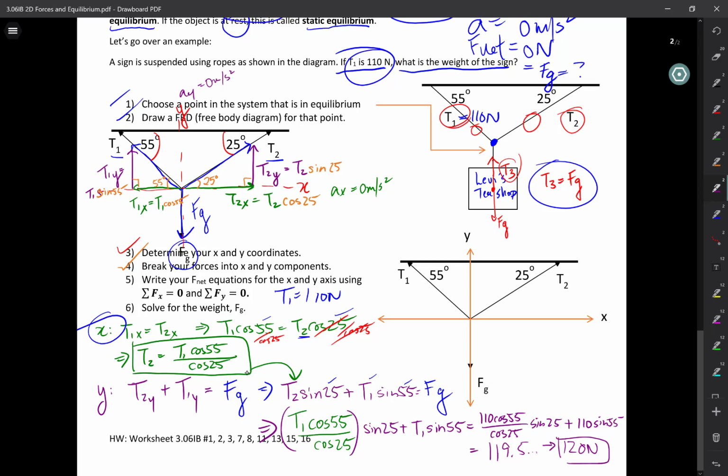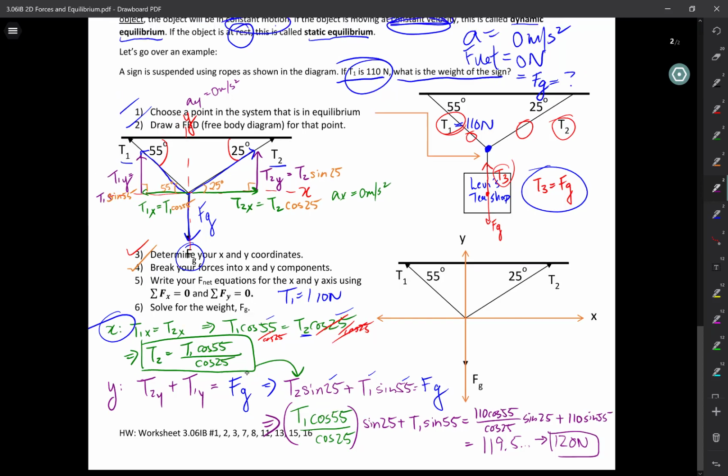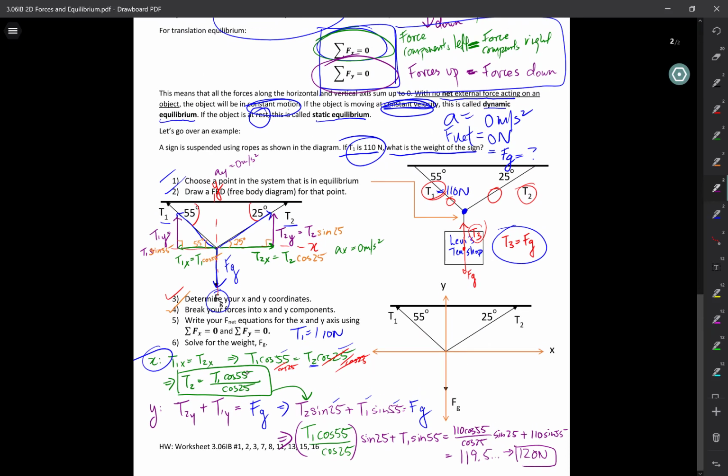T-sharp sign. So let's look at some of the takeaways from doing this problem. Now, you always want to, again, free body diagram, super important. Some of the new things we've introduced. First things first, choosing the axes. Choosing the axes in a way that makes your life a lot easier. And why you want to choose your axes? Because it helps you break your forces down into the components relative to those axes.